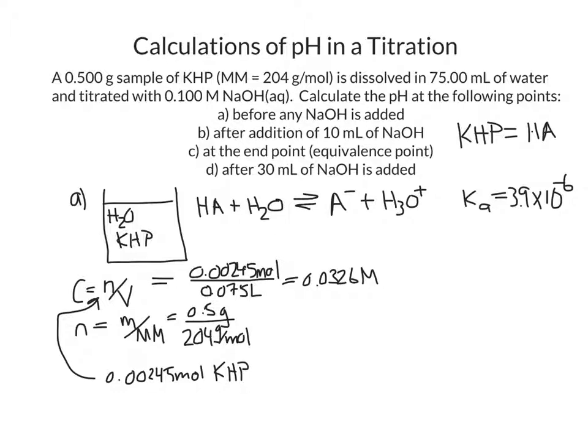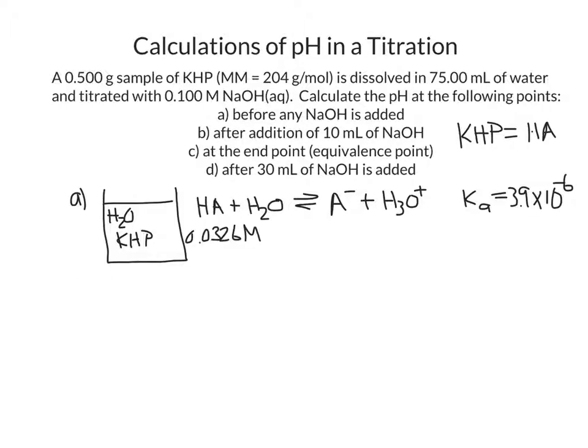So now I know my initial concentration of weak acid, and I know my equilibrium constant for the ionization of the weak acid, so I should be able to calculate the concentration of H3O+. If I know the concentration of H3O+, I can find the pH at this point before I've added any sodium hydroxide. So we're just going to do the equilibrium problem. My initial concentration of the weak acid is 0.0326.